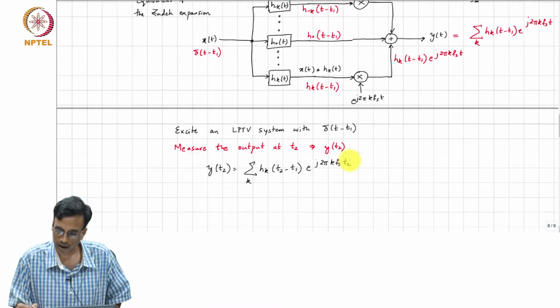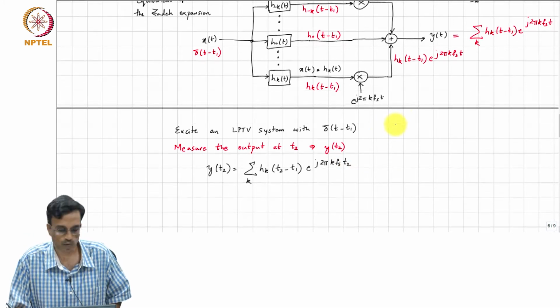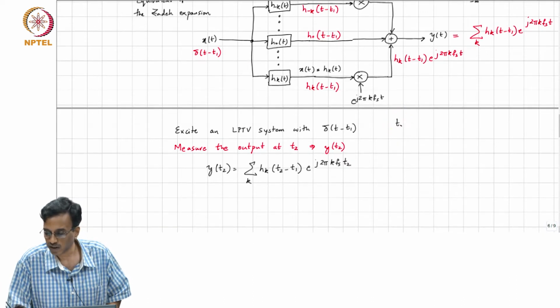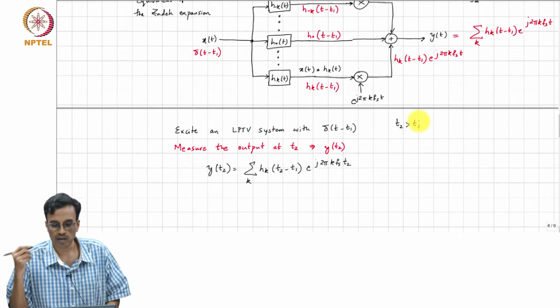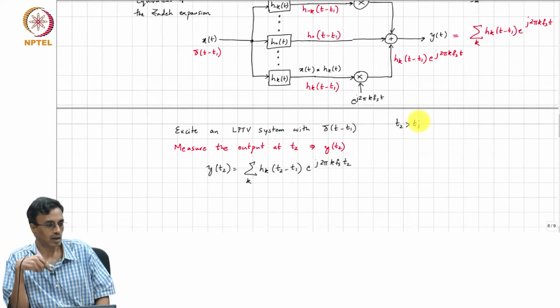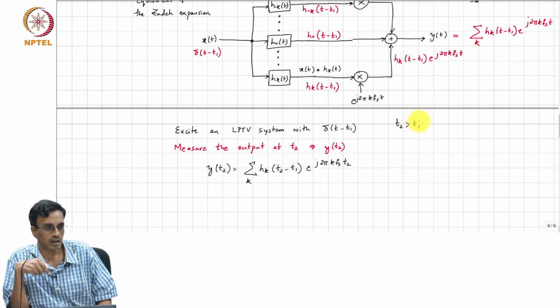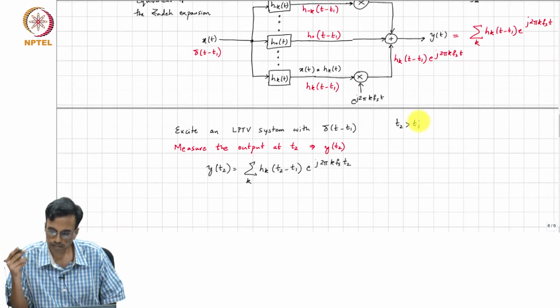And because the system has to be causal, which is larger, t2 or t1? T2 is greater than t1, because the system is causal. So, you can only look at the response after applying an input.